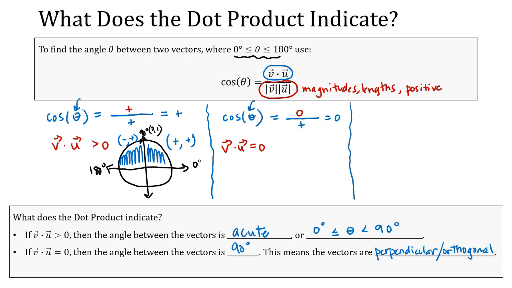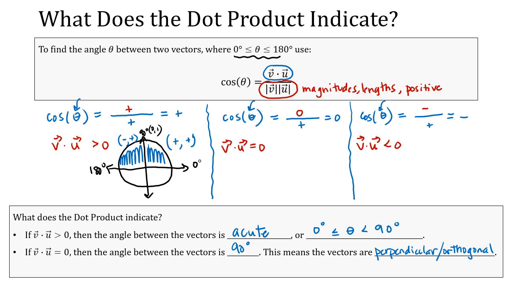The last scenario is where we have a negative up in the numerator. So now the dot product is less than 0. Well, I think we sort of addressed that in our picture, didn't we? A negative divided by a positive is a negative number, and so now it's saying, okay, well, what angle produces a cosine that's negative?